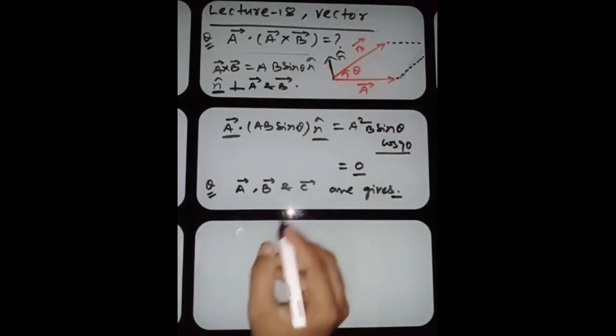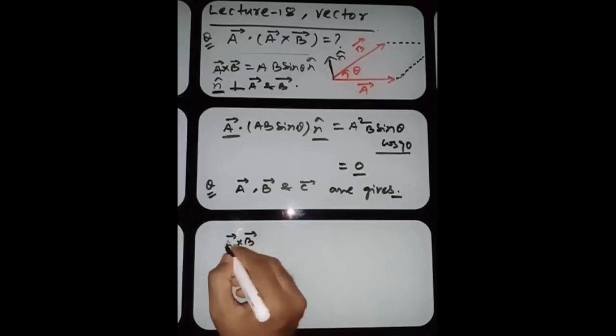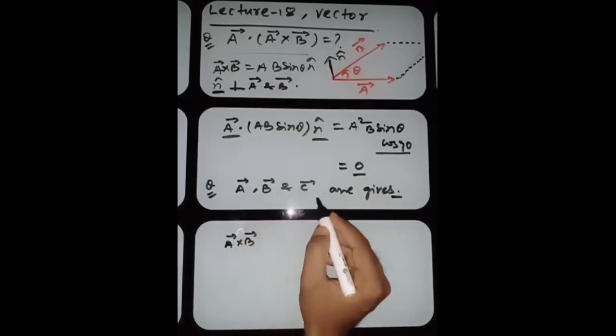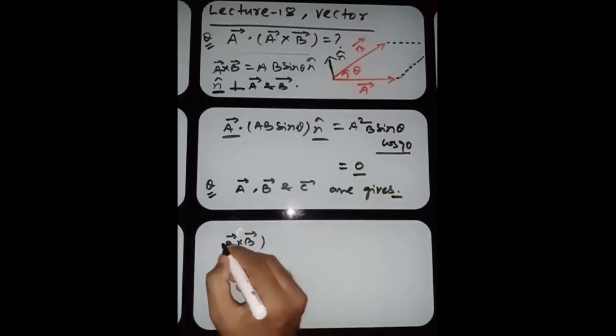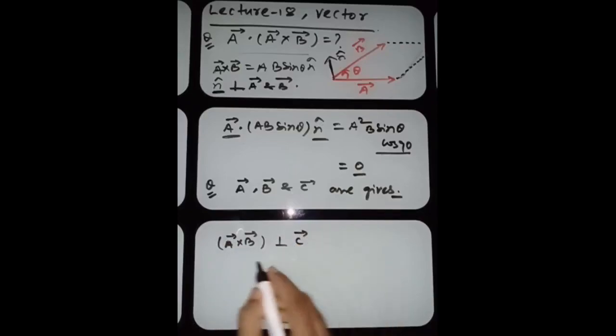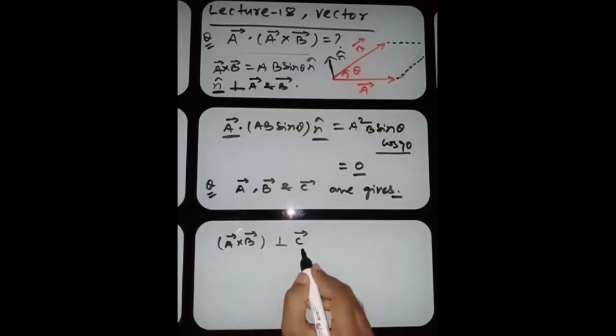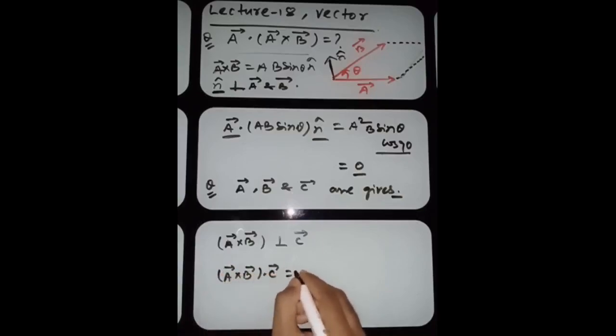If these three are coplanar, of course, then A cross B, the cross product of any two vectors, if all three are coplanar, then the cross product of any two vectors must be perpendicular to the third vector. The result of A cross B will be perpendicular to the third vector. In this case, A cross B dot C must be 0.